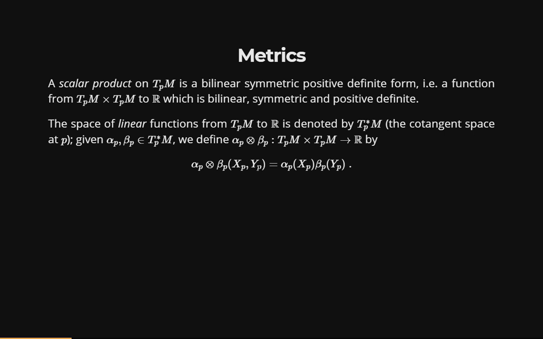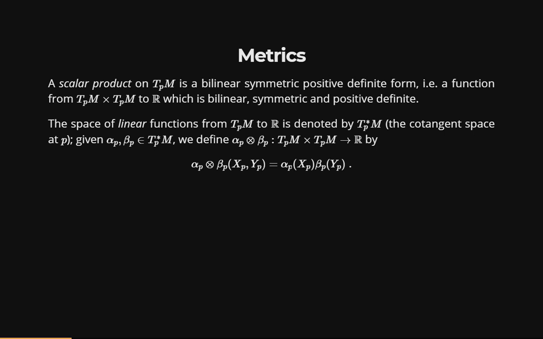Quite obviously, for example, this is not symmetric. This is clearly bilinear because alpha is linear and beta is linear. So whenever, if x_p becomes a sum of 2 terms, alpha will become the sum of 2 terms, and they will both be multiplied by beta, so it's bilinear.